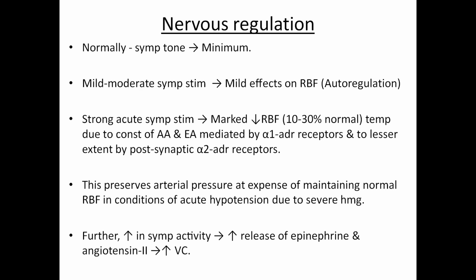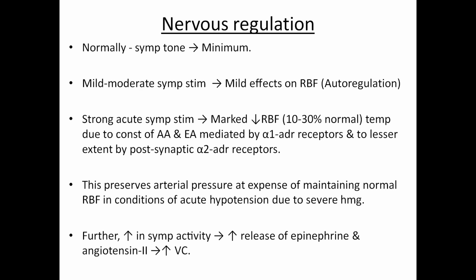So now coming to nervous regulation. Under normal conditions, your sympathetic tone is minimum. But mild to moderate stimulation of sympathetic nerves usually has mild effects on the RBF because of, as I said, autoregulation mechanism again.